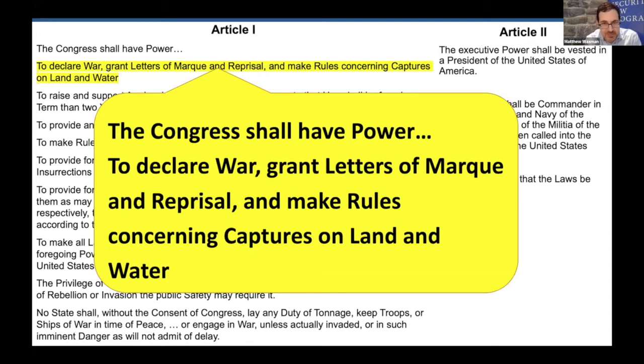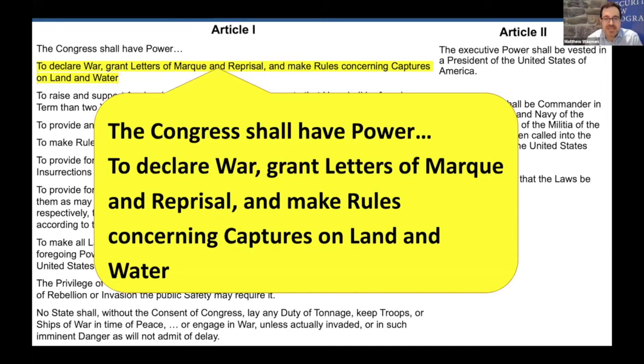It mentions declaring war. It also mentions granting letters of marque and reprisal, and making rules concerning captures on land and water. Letters of marque were essentially government licenses to private individuals, so-called privateers, authorizing them to capture enemy vessels that they could then bring into friendly ports and reap profits from through their sale as so-called prizes of war.